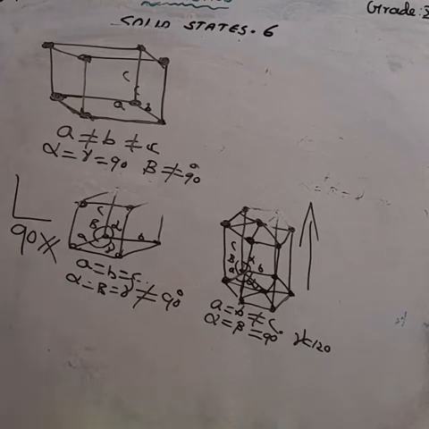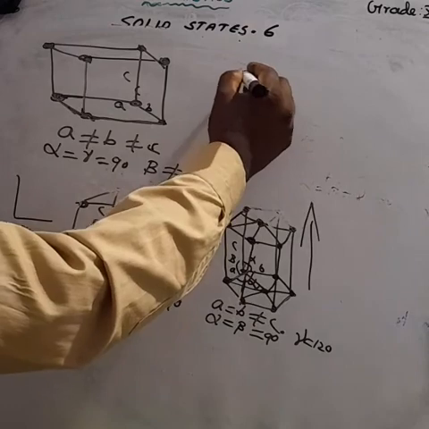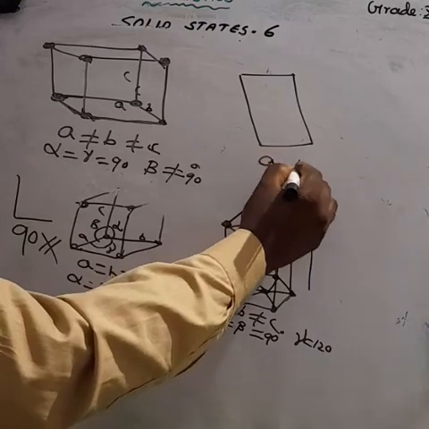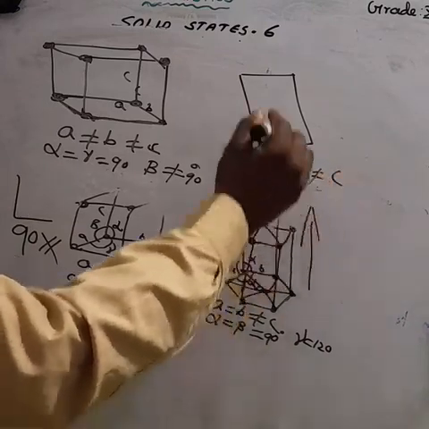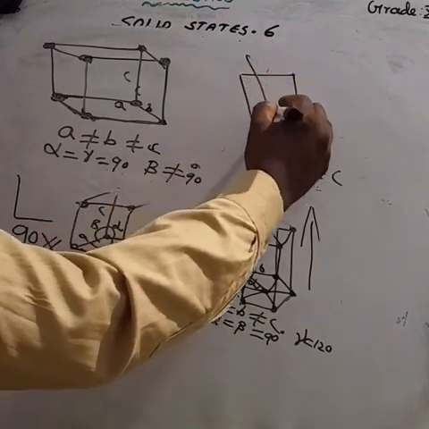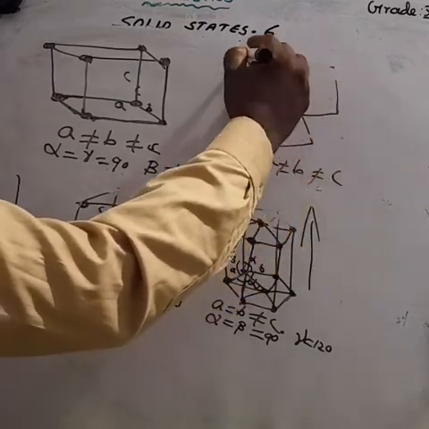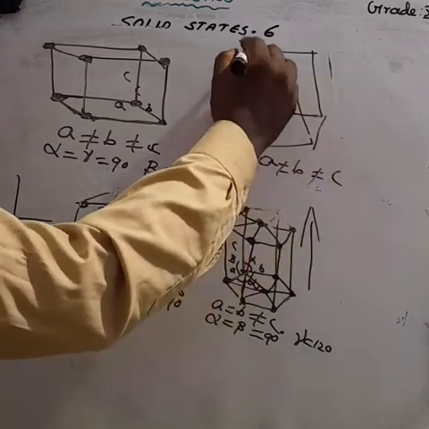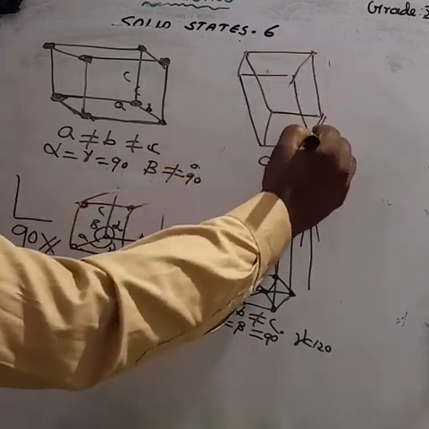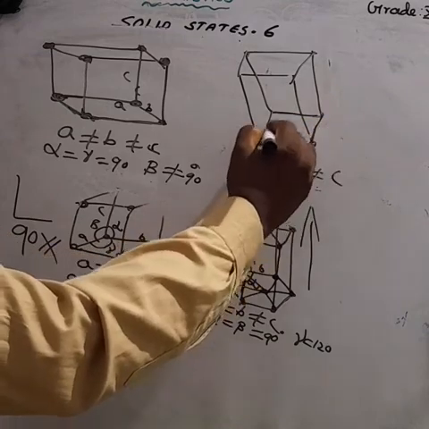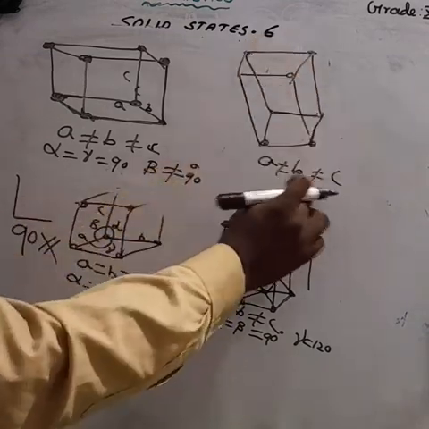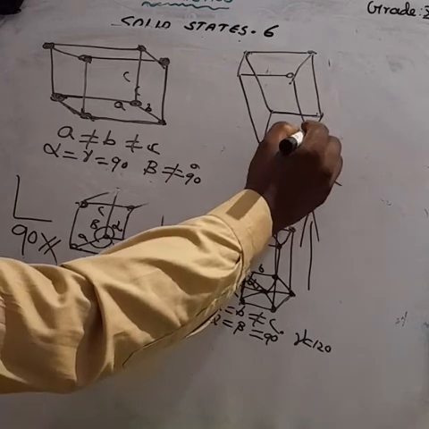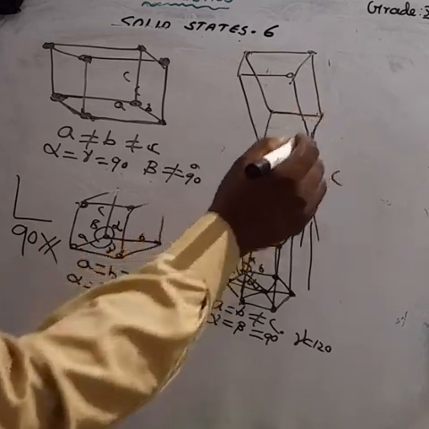The last one is the triclinic. Here A is not equal to B, B is not equal to C. That is a different length, and also we have different angles.